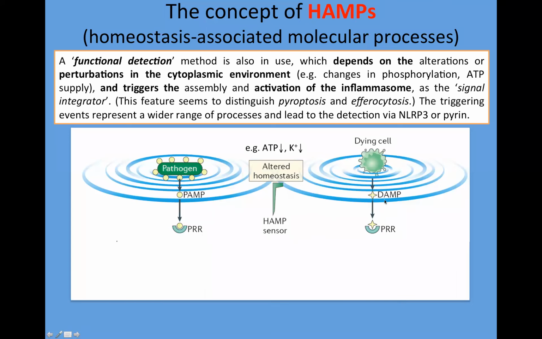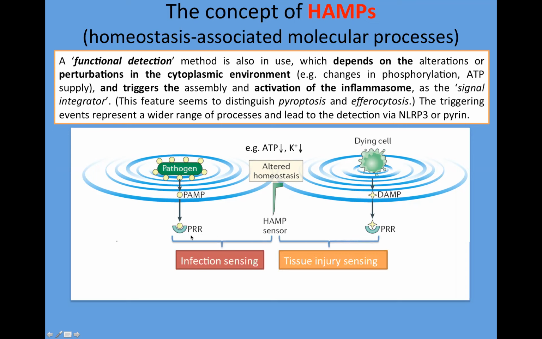These HAM sensors will detect these changes, and whenever there is a secondary signal coming from the pattern recognition receptor, that is the one which will induce inflammation. If this one is missing, or that part, there will not be a truly important inflammatory reaction.